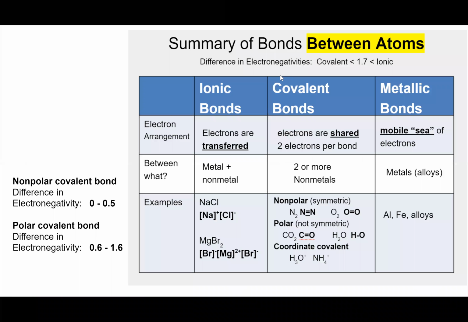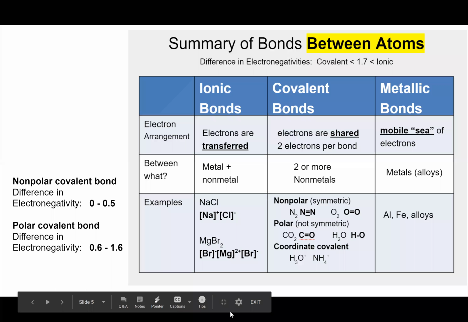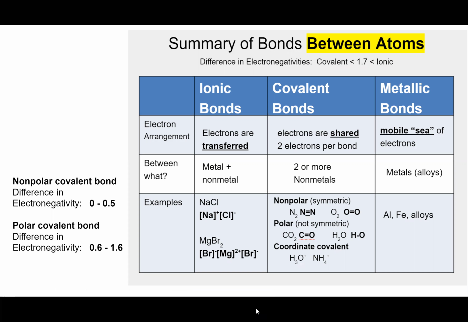Okay, so this is where I was going next. This is a review of the summary between bonds. So we have ionic bonds. Ionic bonds are where the electronegativities are so different. Let's see, I'm going to use NaCl like always.